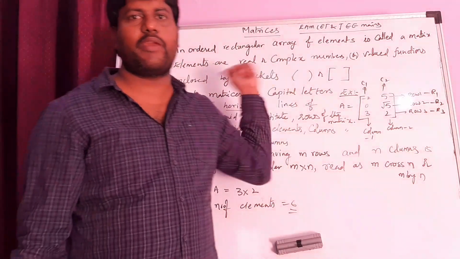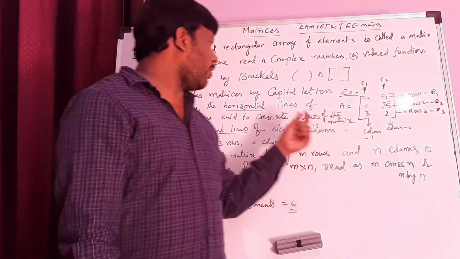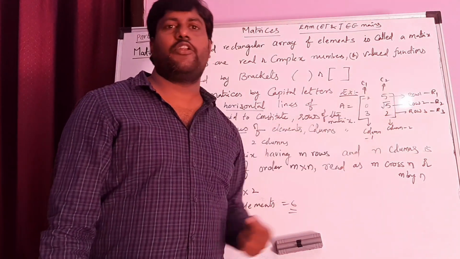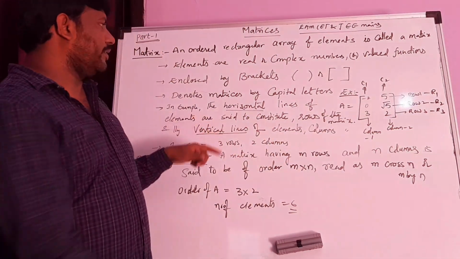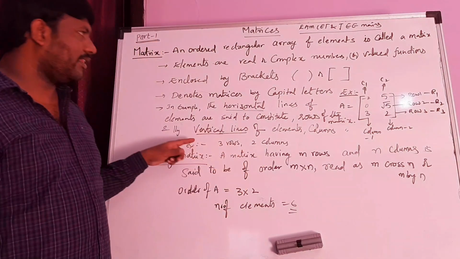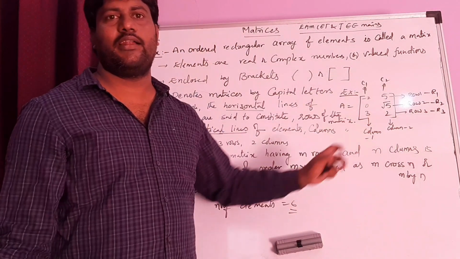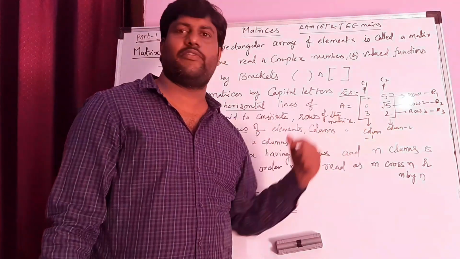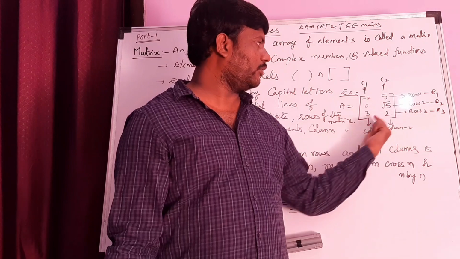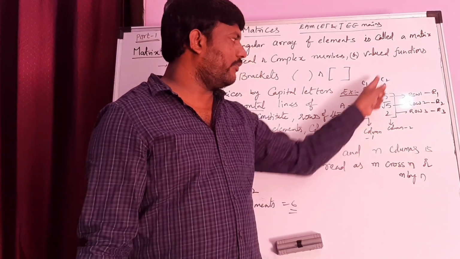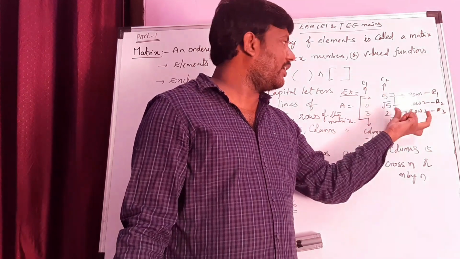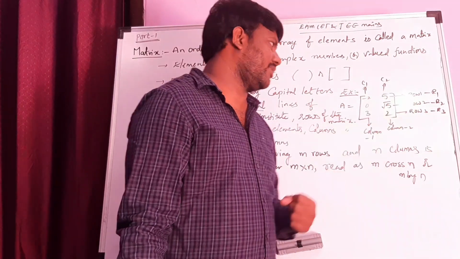The horizontal lines of elements are called the rows of the matrix, and the vertical lines are nothing but the columns of the matrix. In this example, see, this is row 1, this is row 2, this is row 3, this is column 1, column 2. This is the representation of a matrix, right?